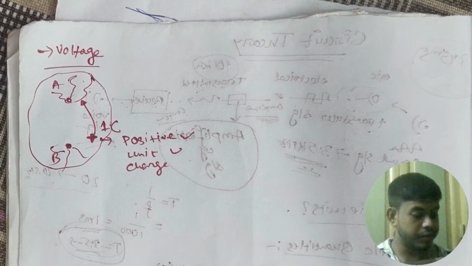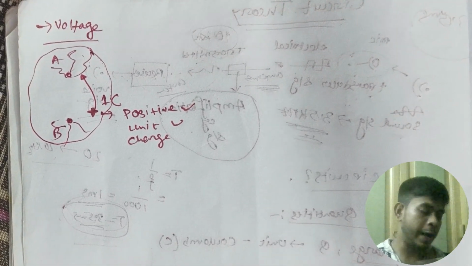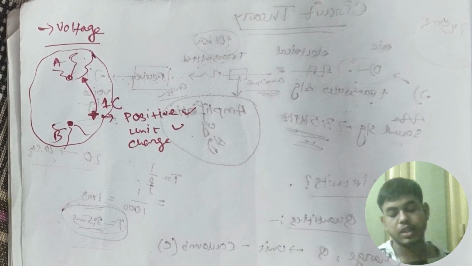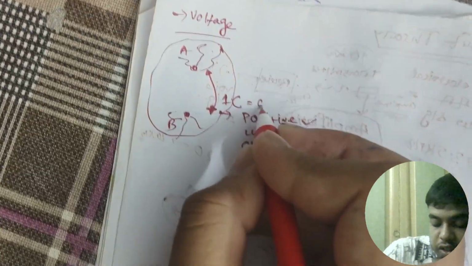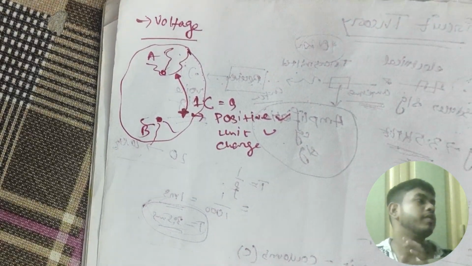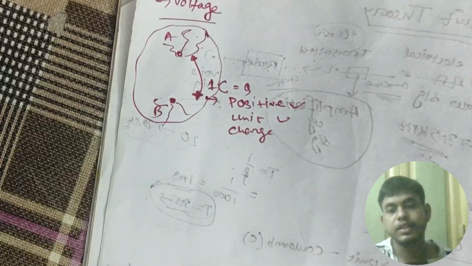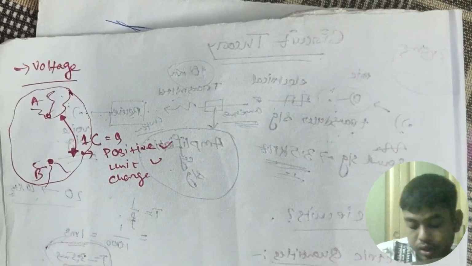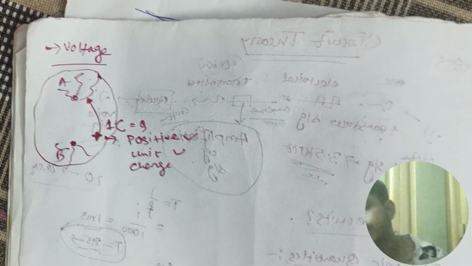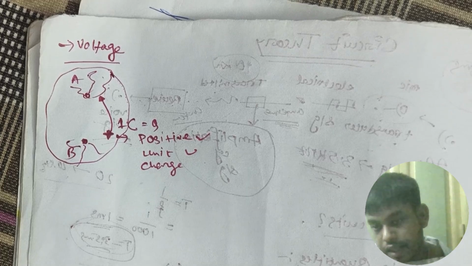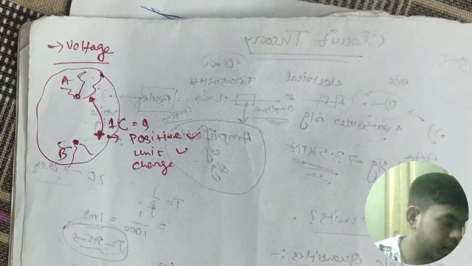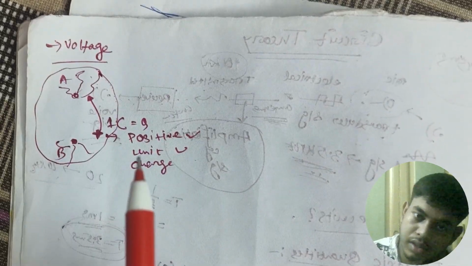The amount of energy required to take a positive unit charge from B to A. It's the positive unit charge, and the amount of energy that I require to push this charge from point B to point A is known as unit voltage.